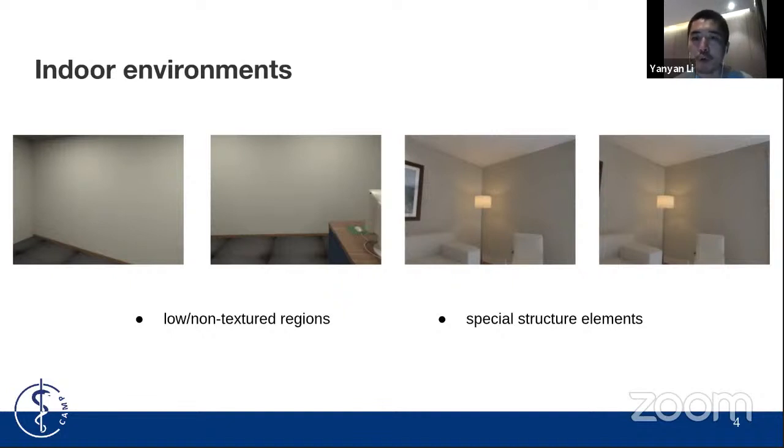Furthermore, those man-made scenarios have special structural elements, and based on those structural elements, we can try to make the system more robust than ever before.